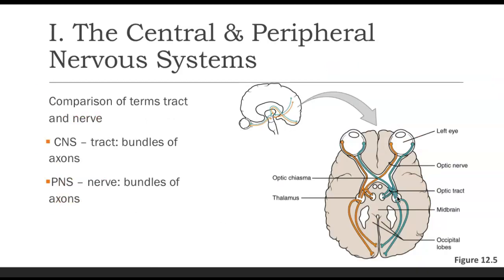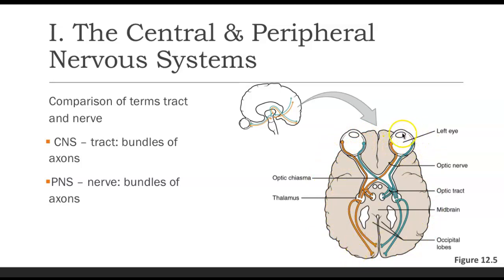And just so we're clear, we wanted to compare the terms tract and nerve. So in the central nervous system, we would use the term tract, which is a bundle of axons. But if it's found in the peripheral nervous system, then we use the term nerve, which is also a bundle of axons. So the best way to demonstrate this is by looking at some of the neurons or axons for our eyes.